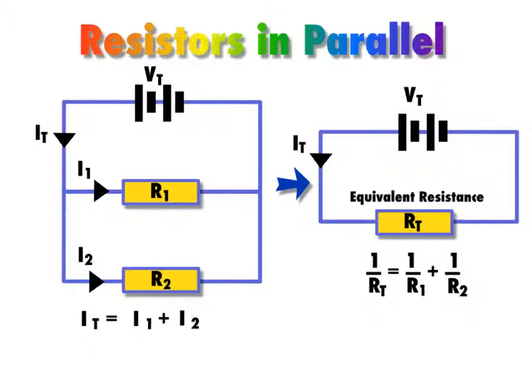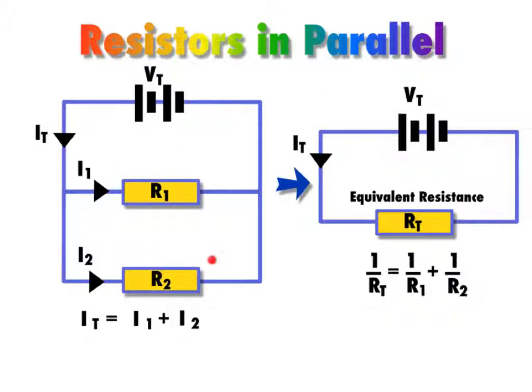In the series resistances we had voltage dividing up according to which resistance it was passing through. Here we have a current which is being divided up according to resistance, with the higher resistance receiving a smaller current, and a lower resistance receiving a higher current.